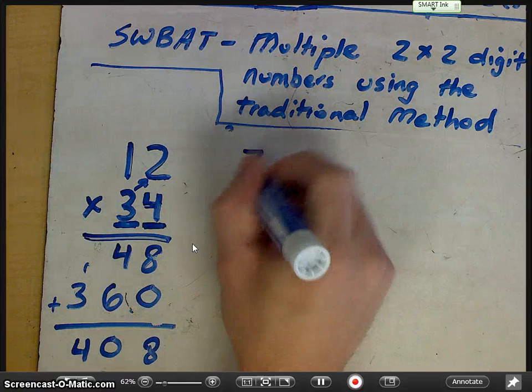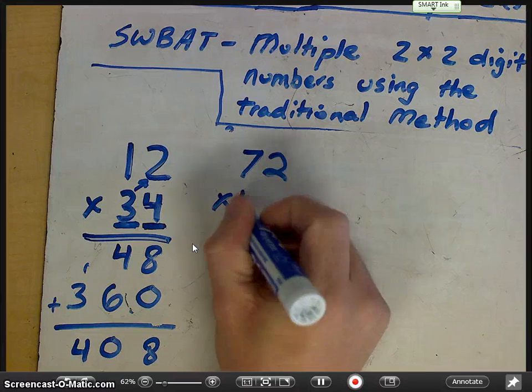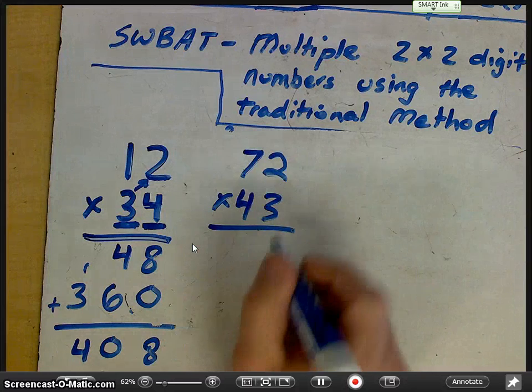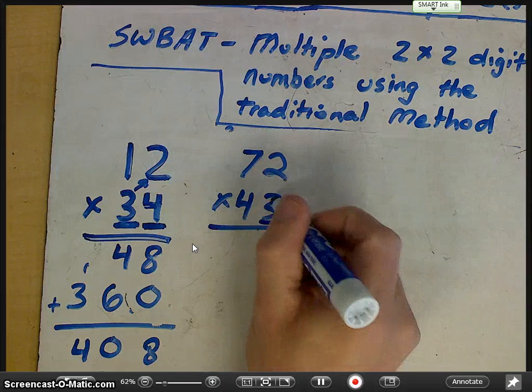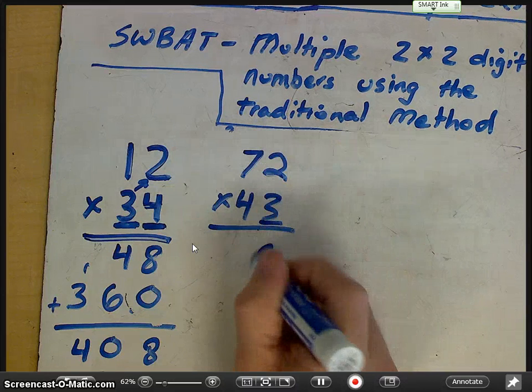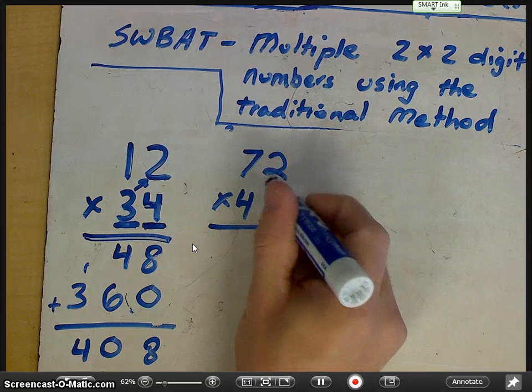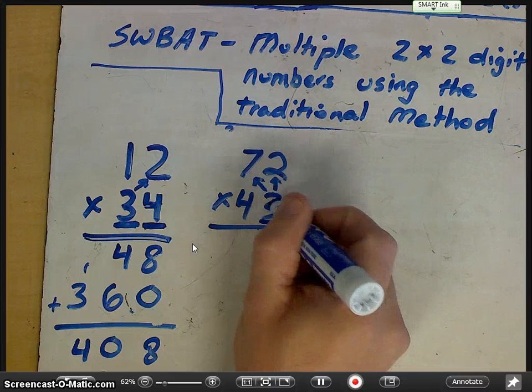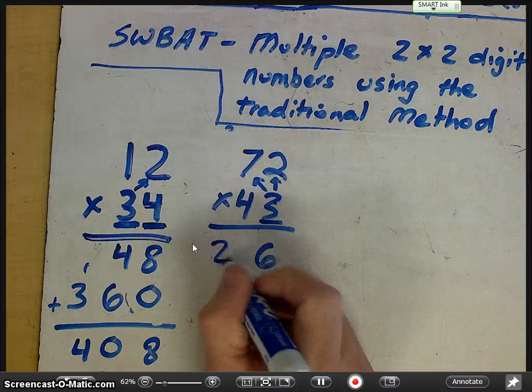Let's try another one. 72 times 43. So we start here. 3 times 2, do it with me. 3 times 2 would give you 6. And now since we did that one, which one do we do next? Do this one. 3 times 7 gives you 21.